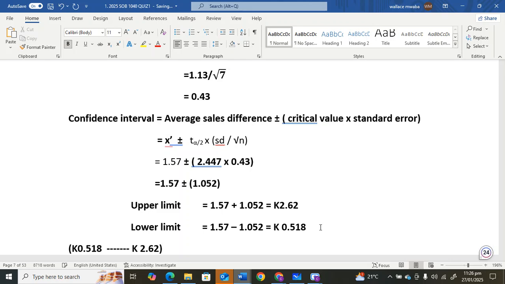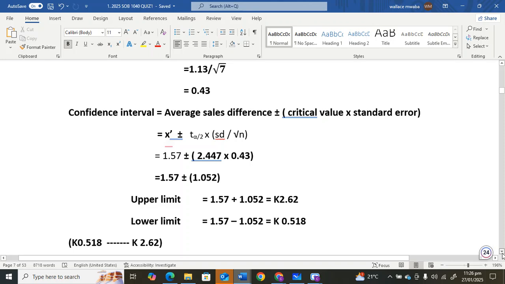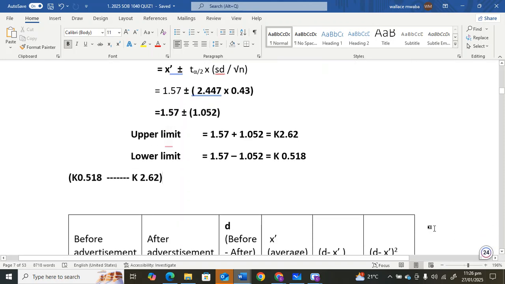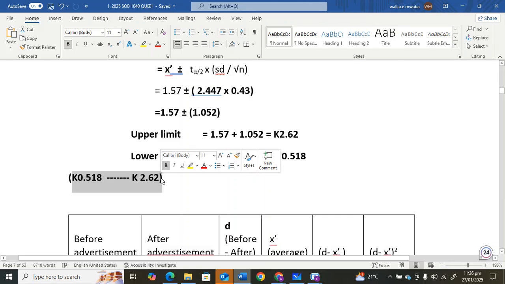Since we are saying it's our 95% confidence interval, it means if you conduct this test 100 times, 95 times out of those 100, the drop in sales is going to be within this range, between 0.518 and 2.62. This is the range where you're going to find the drop in sales.